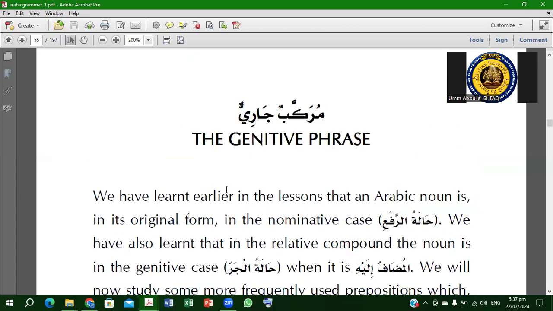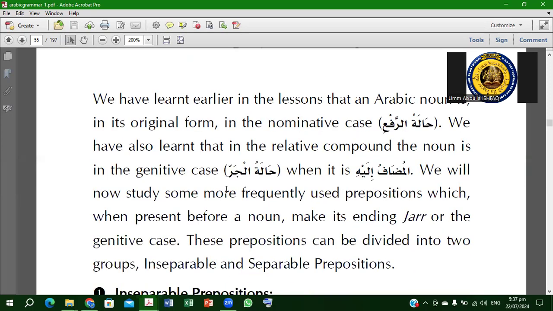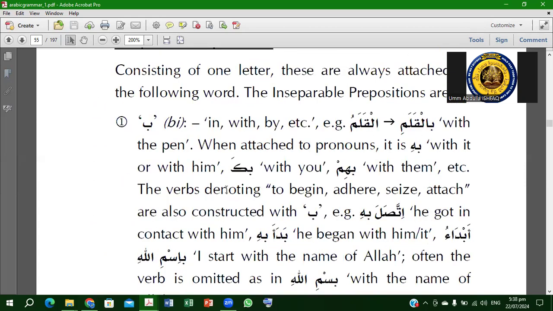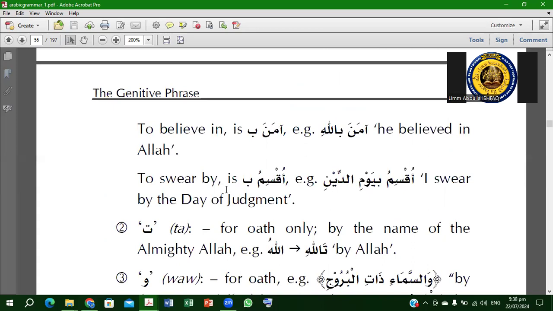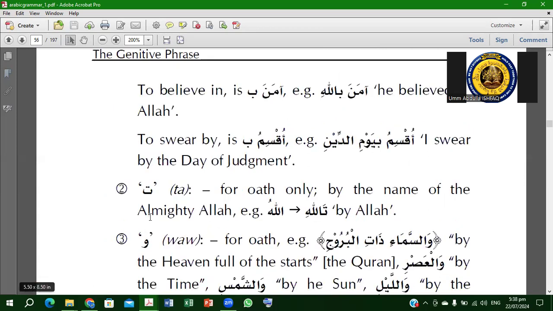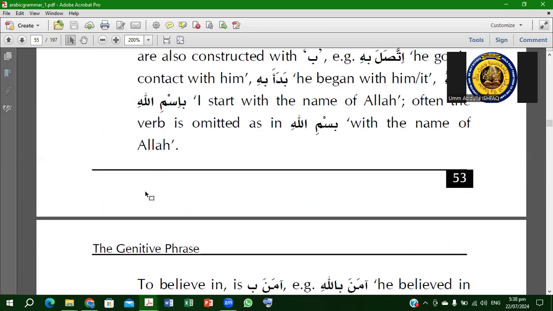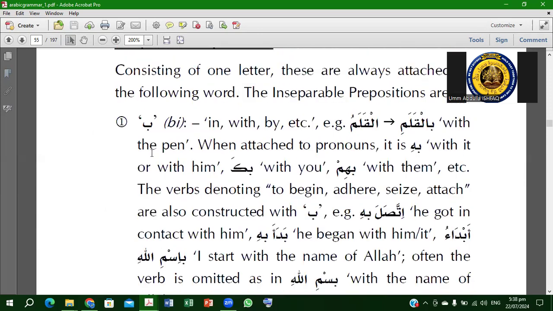A genitive phrase, murakkabe jari. I had already explained to you that one will be halate jar, isme jar, and the other, for example, ta, wow. These are all harufe jar. First is b, the letter b, right? So it will be bil qalami. The word is al qalamu; if you join b before it, it will be bil qalami.